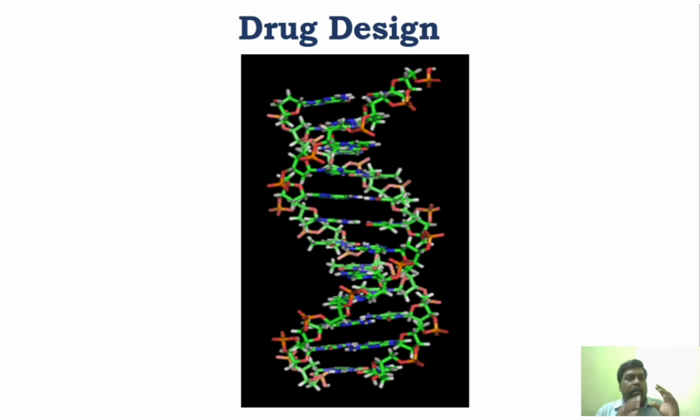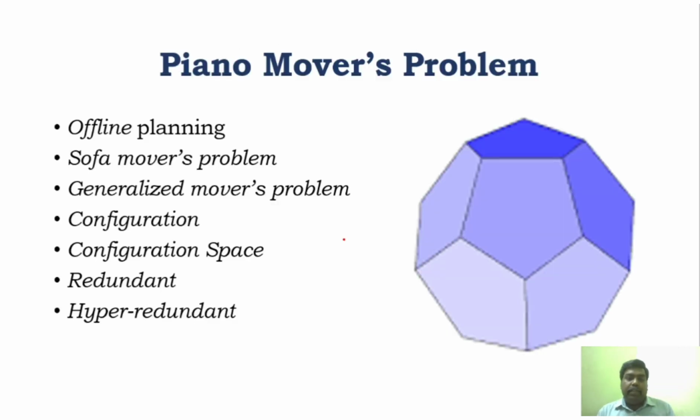If they can design a drug and combine the drug with the protein molecules, they can understand how it works. It can help in creating a lot of pharmaceutical drugs to overcome many diseases. That is possible with motion planning.